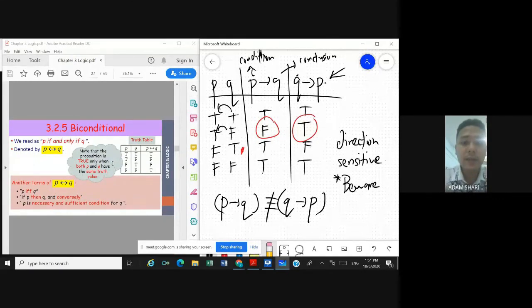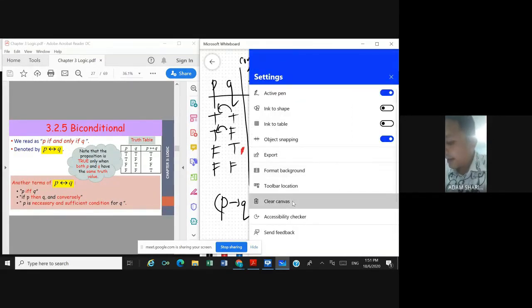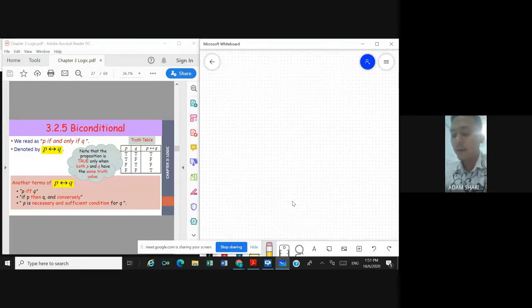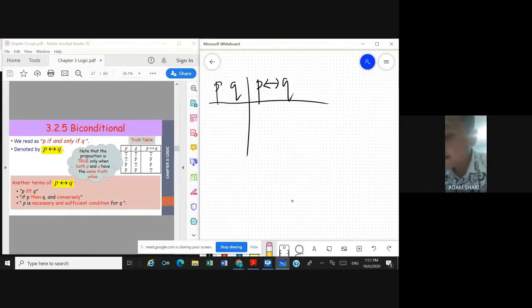Biconditional. Okay, biconditional. Only when both of them have the same truth value. P if and only if Q. Again, standard T, T, F, F, T, F, T, F. Only when both of them have the same truth value.